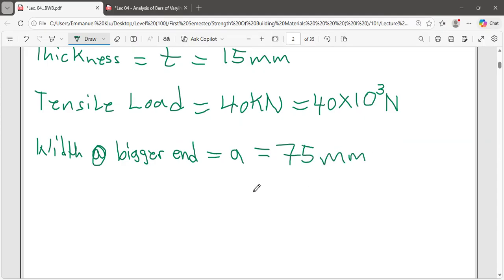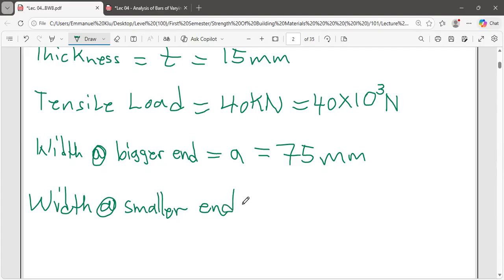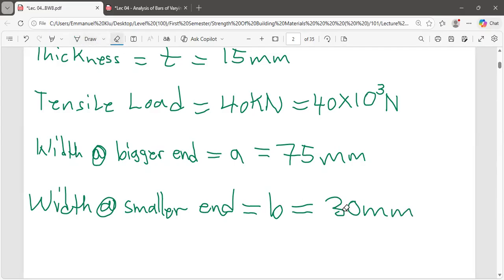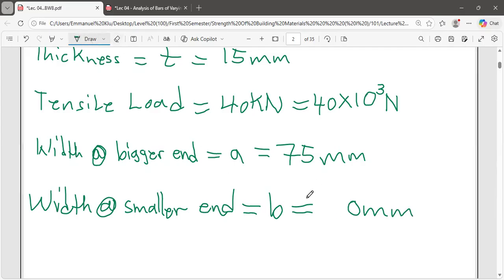And also we say that the width at smaller end, which is also known as the B, is equal to 30 millimeters. Okay, exactly.